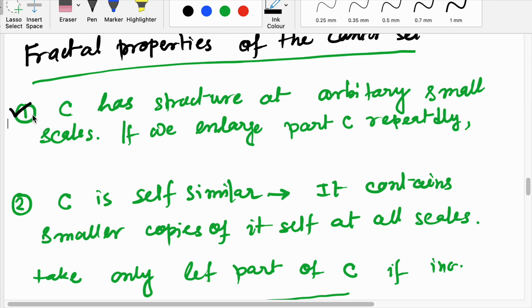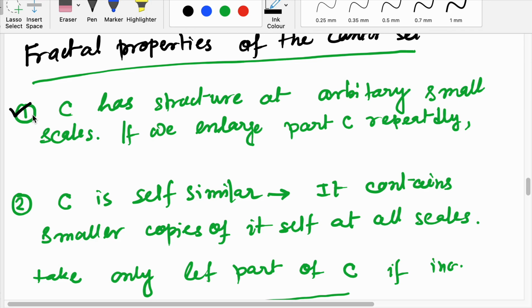So it is contrary to normal classical objects, which become more and more featureless when we zoom into smaller and smaller regions. This is the first property, that a fractal will contain complicated structure at arbitrarily small scale.